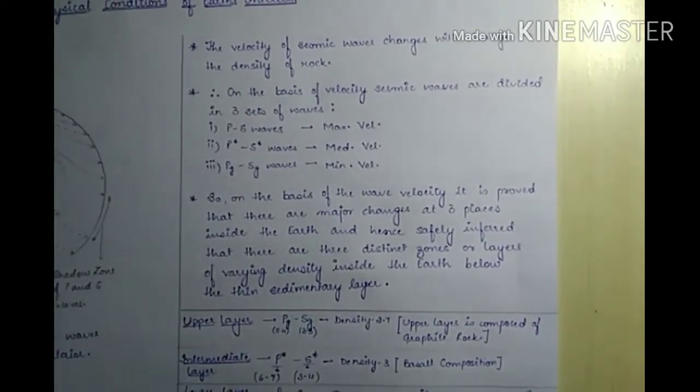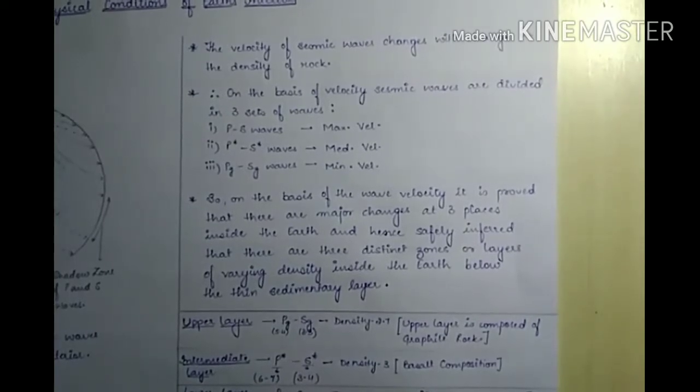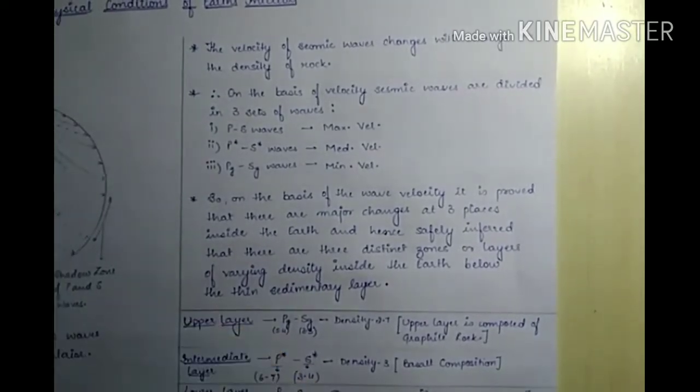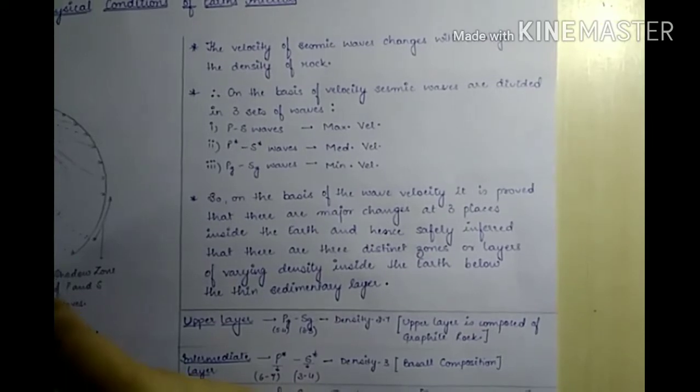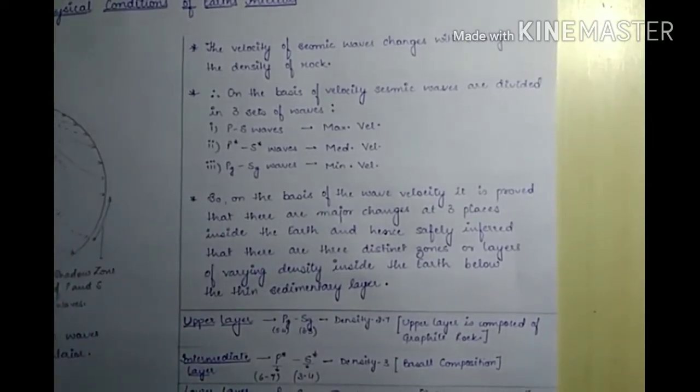So now with this diagram, the scientist came to the conclusion that there are three distinct zones. Okay, so what they actually did was in this experiment, they saw that the velocity of seismic waves change with the change in density of rock.